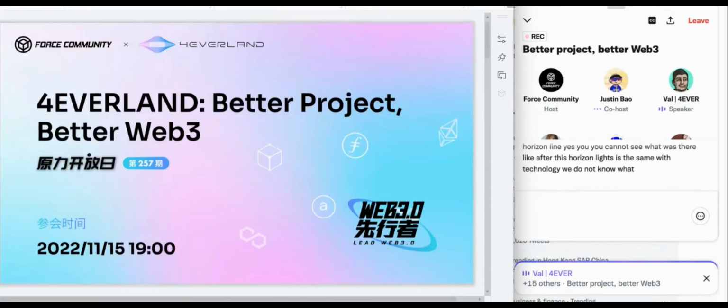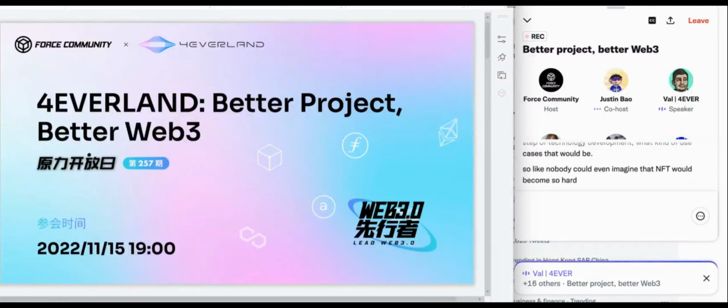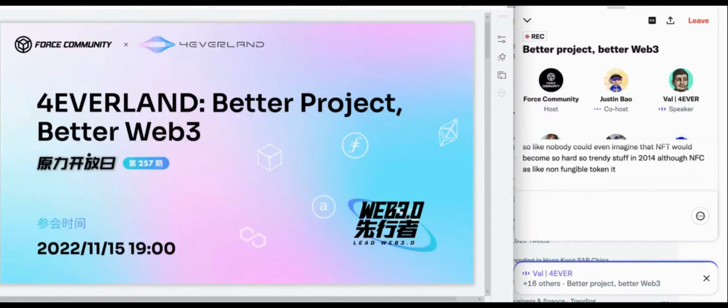It's the same with technology. We do not know what the next step of technology development will bring, what kind of use cases. Nobody could even imagine in 2014 that NFT would become such a hot, trendy thing, although NFT as a non-fungible token had existed since 2012.